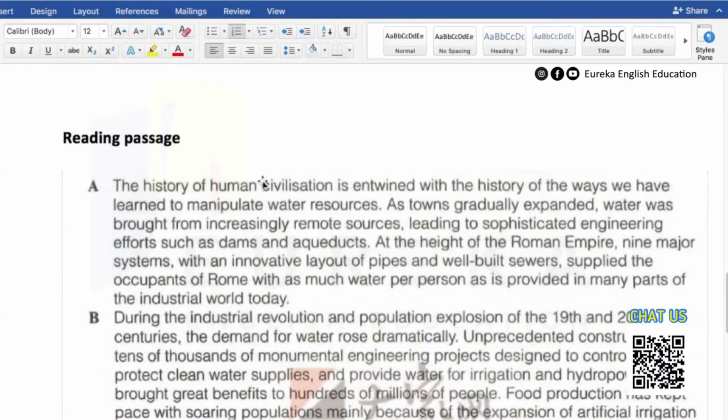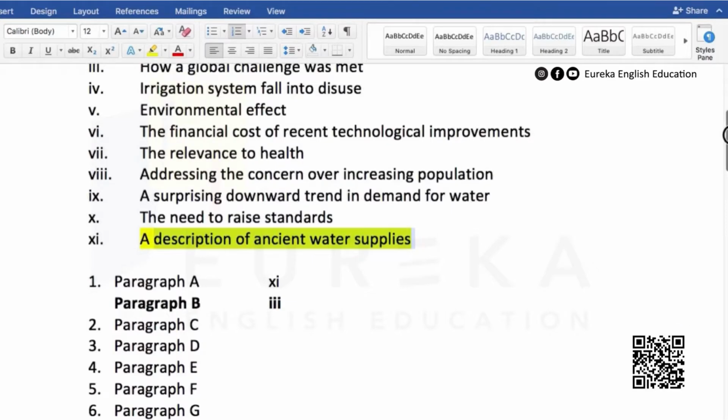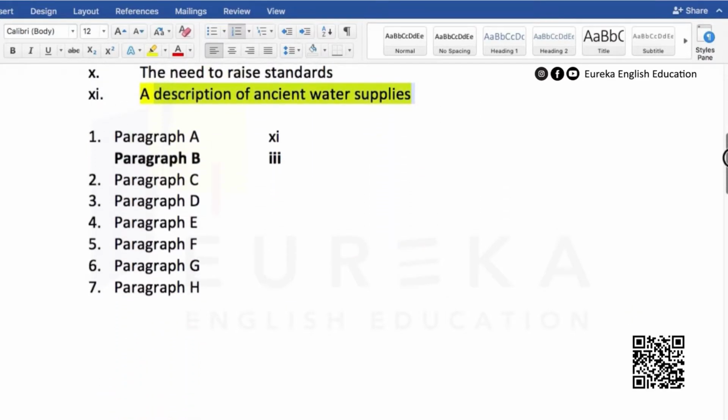If you go back, yes, it talks about the history of human civilizations, with the ways we have learned to manipulate water resources. I think there are some keywords in here, like a description of ancient water supply.